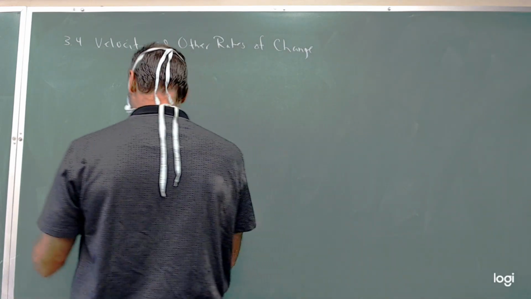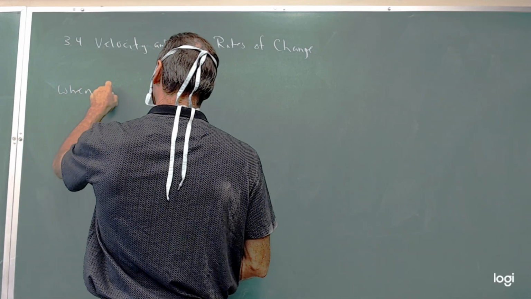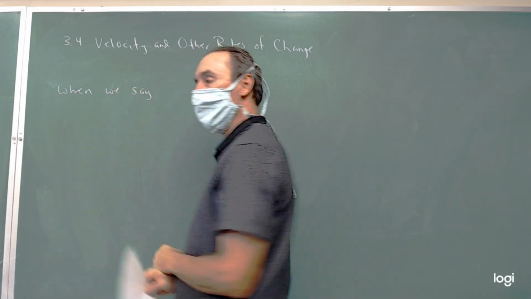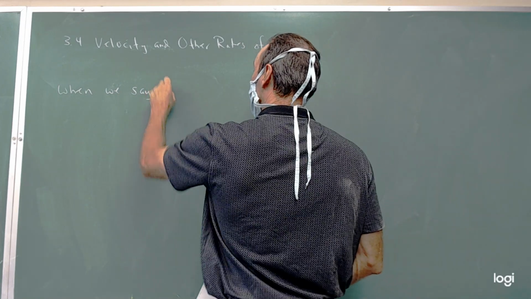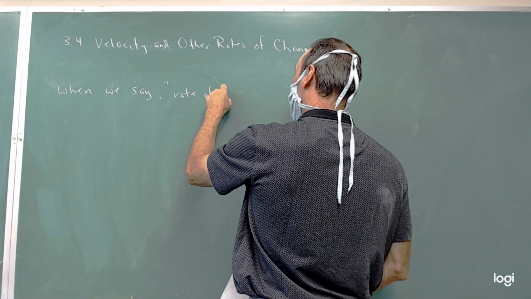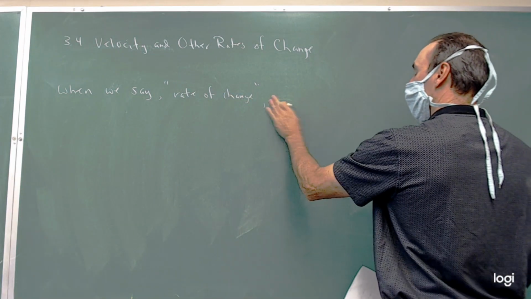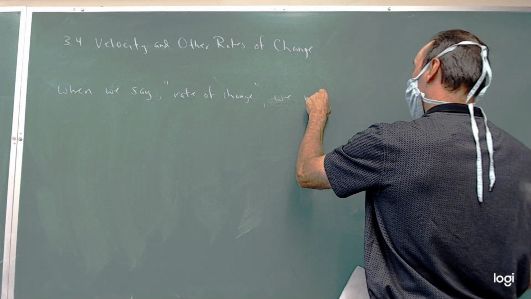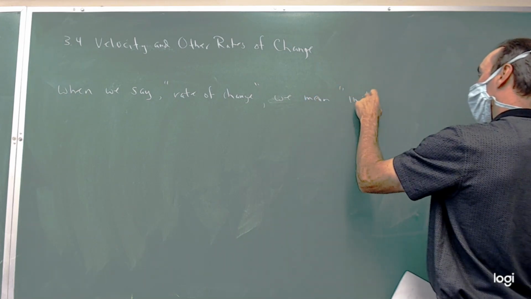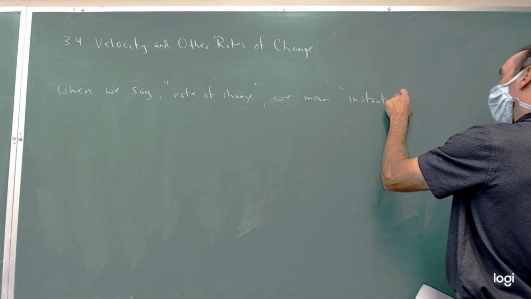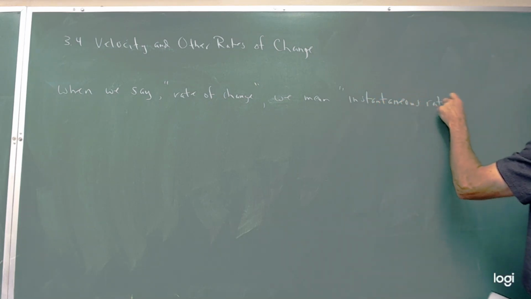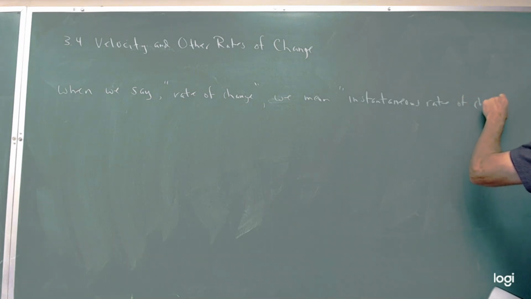So when we say rate of change, kind of a difference from your AP prep days, we mean instantaneous rate of change. So we will have to say specifically when we mean an average rate of change. If we don't, then the understanding is it's an instantaneous rate of change.